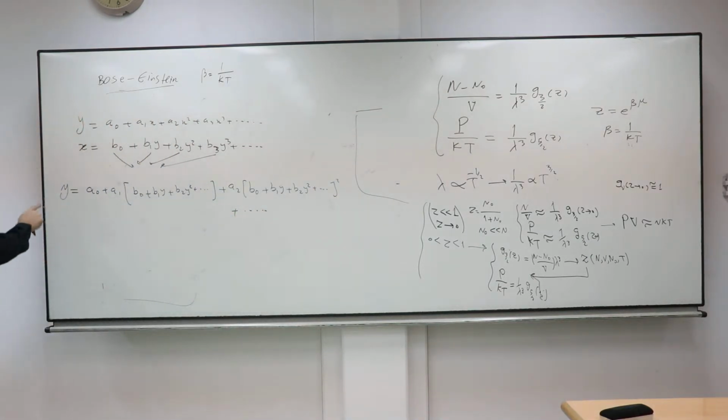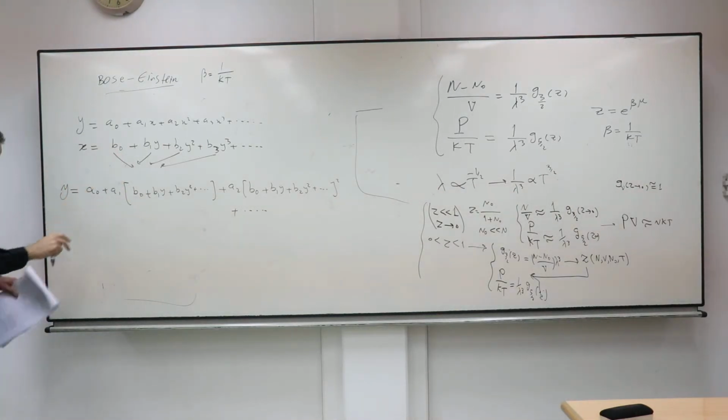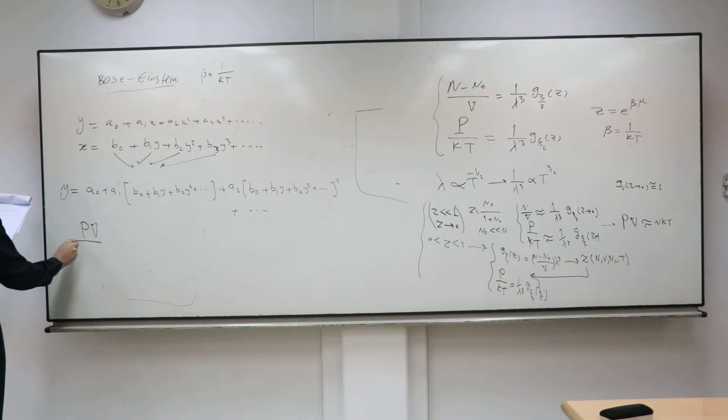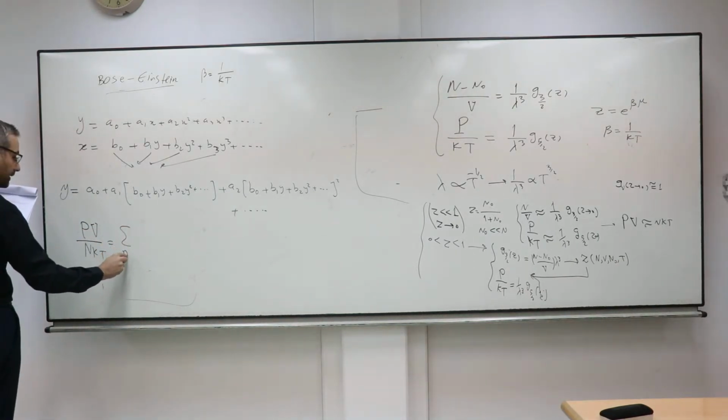You will see that here there is only one y, and the other y coefficients are 0 here. So you can find the a0, b0 and b1. This is actually very hard, but if you do that, you will find that PV over NkT, generally speaking, will be like that.